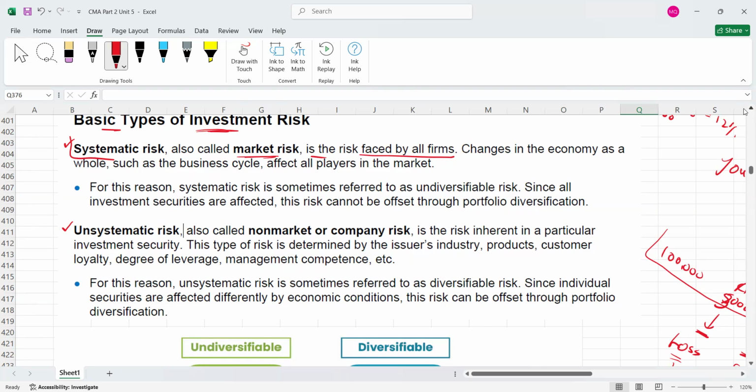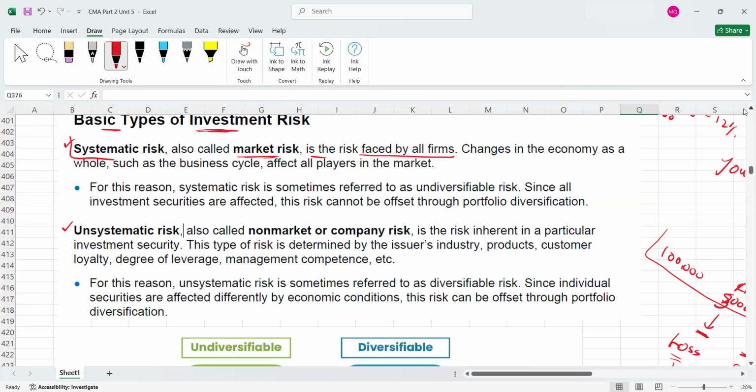For example, if there is an economic recession in, let's assume, the country, this economic recession will not affect only the textile sector, or only the sugar industry, or only the cement industry, or only oil and gas. No, recession will affect all the companies. All companies will be affected by this risk. It means this is a systematic risk which is faced by all firms.